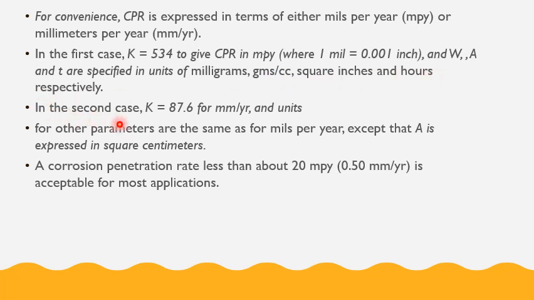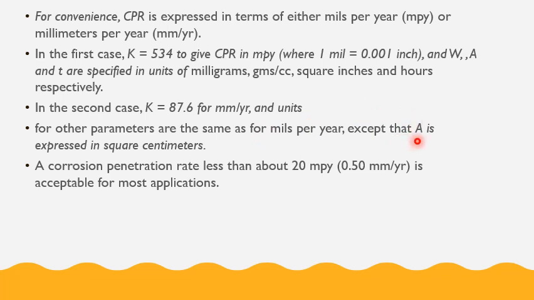And in the second case, when the CPR unit is millimeter per year, the K value will be 87.6. Except A, all other units will be the same.